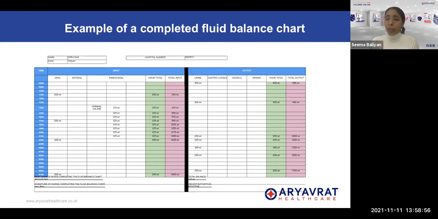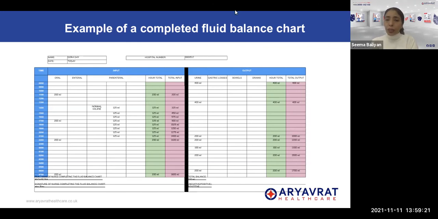They do not say what the measurement of that bowel motion was. So under the bowels column, at 11 o'clock, you are just going to put a tick mark so that you have acknowledged that the bowels were opened at that time. Please make sure that you acknowledge that and record it in your input and output chart.